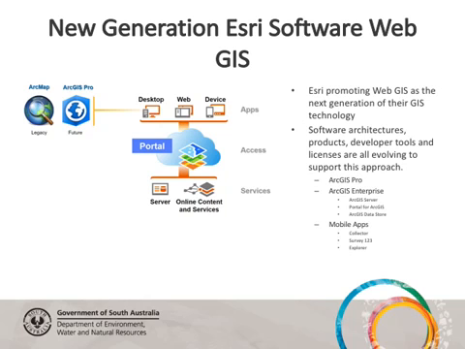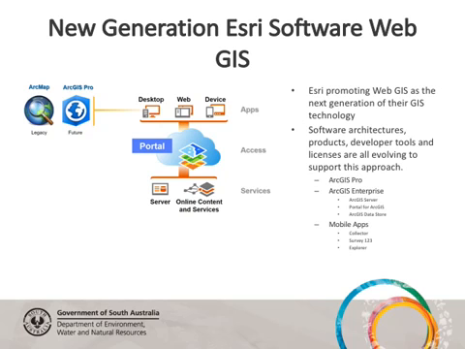So who's heard of ArcGIS Online? Okay, and Portal for ArcGIS? Yeah. You probably hear about ArcGIS Online more because it's out there and discussed more readily by Esri in particular.